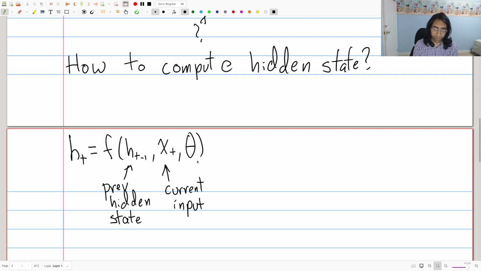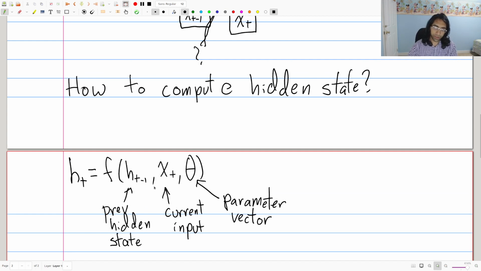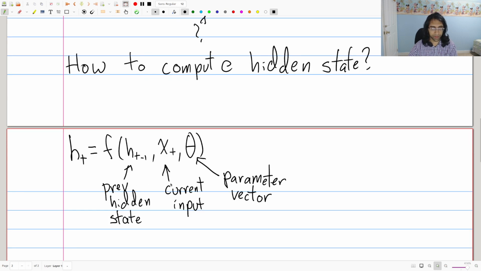And it's going to depend on some parameter vector, theta. Now, let me comment on this just a little bit. You'll note that this is really not so different from anything you've studied before, in the sense that it just takes in some inputs and it's going to be some function which produces an output. So it's pretty straightforward like that.